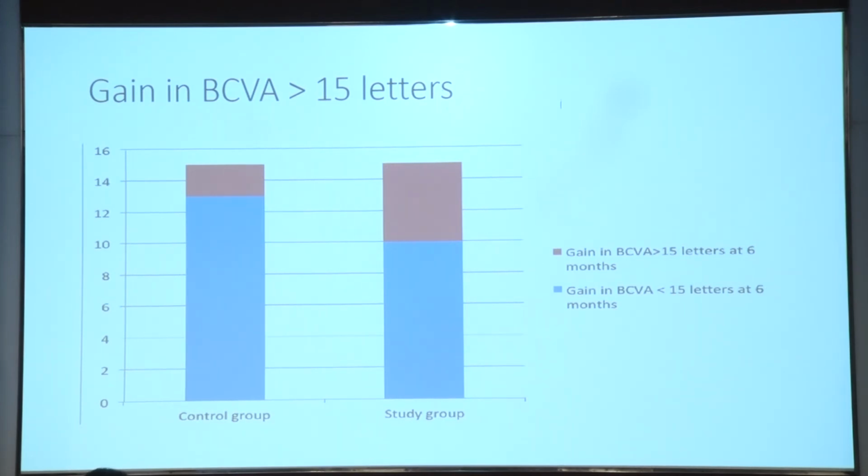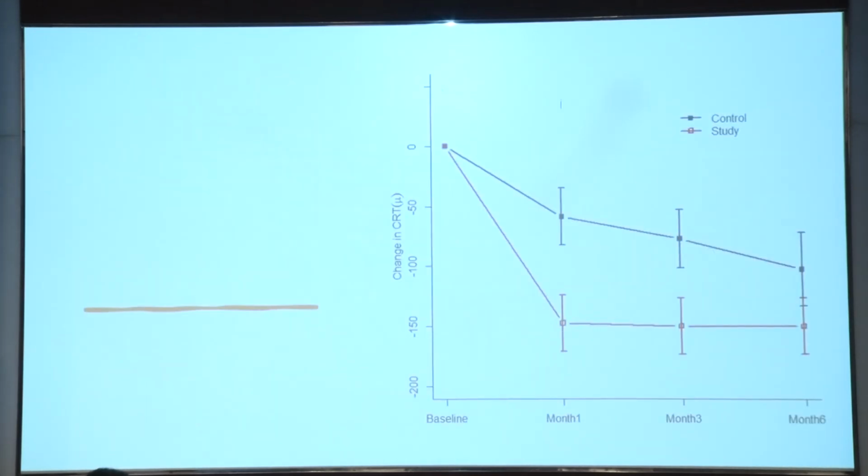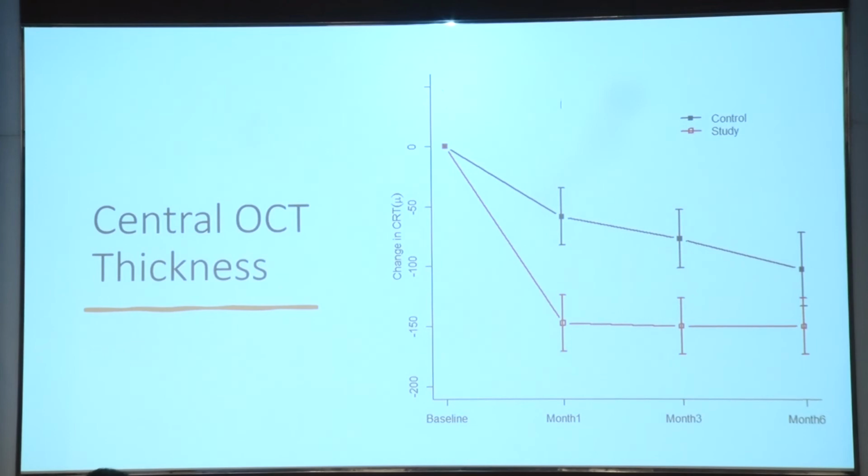Again, the gain in vision by more than 15 letters, that is 3 lines, was also more in the study group, although overall the final vision was not too different between the two. Central retinal thickness, again, as you can see here, while there was a reduction in the control group without the dex implant, it was a slow process over 6 months, and even at 6 months it was still more edematous than those eyes which received the dex implant.